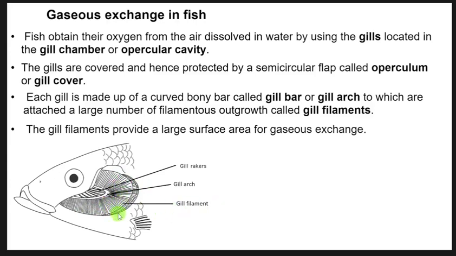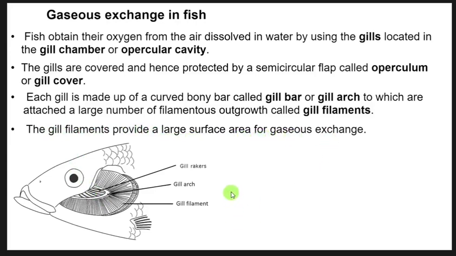All right, then after the gill filaments, there's this bone here, which is a curved bony bar called the gill arch or the gill bar. Then after that, there are those known as gill rakers, which assist in removing particles from the water. All right, so the gill filaments provide a large surface area for gaseous exchange.